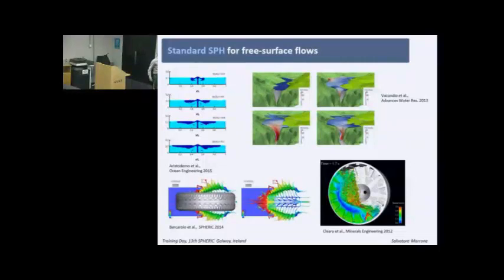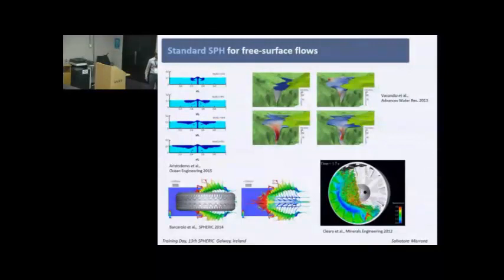And this is the splashing of a tire on water, and a slurry flow in a mineral processing factory.